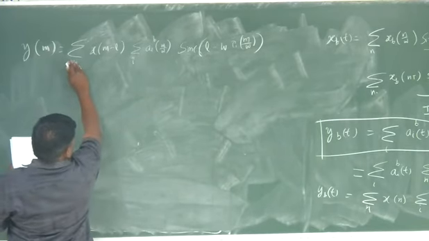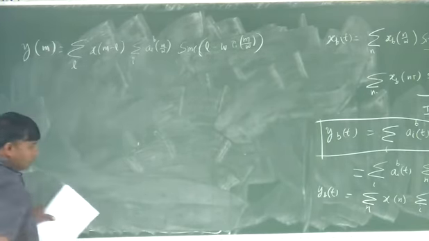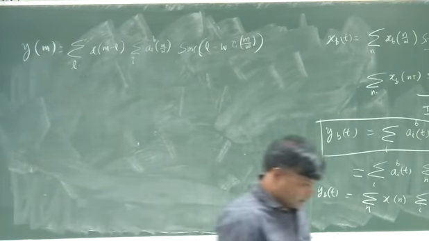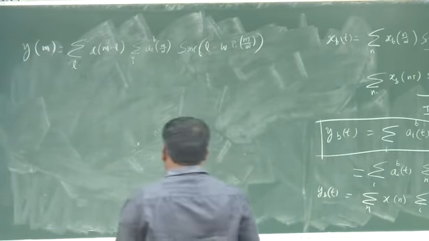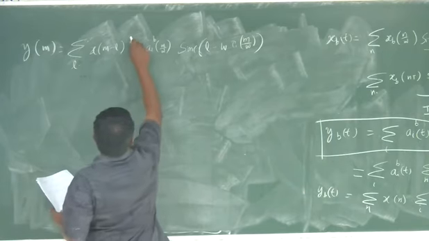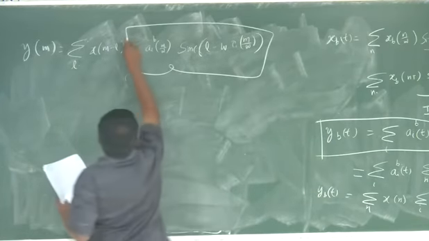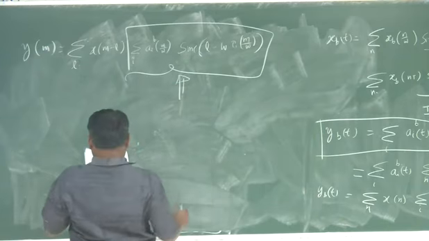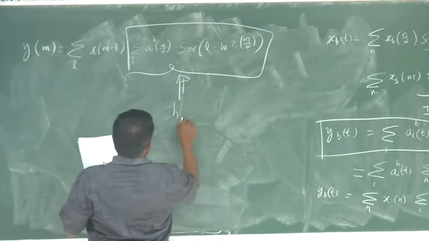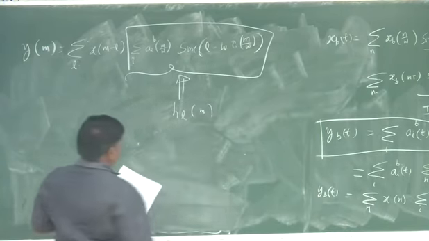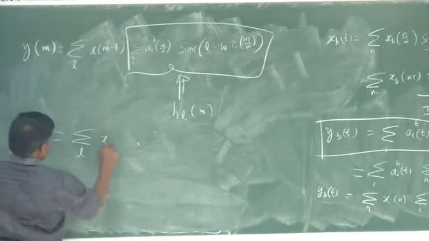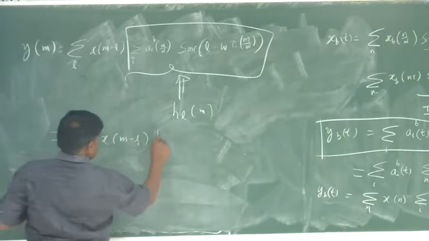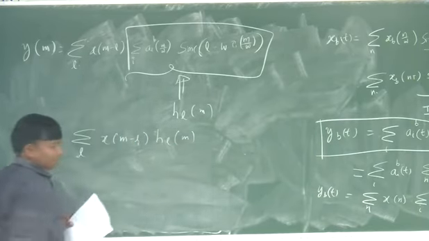There is no n anymore. Entire this I will call H_L of m. Therefore, this can be written as x of m minus L H_L of m, see?